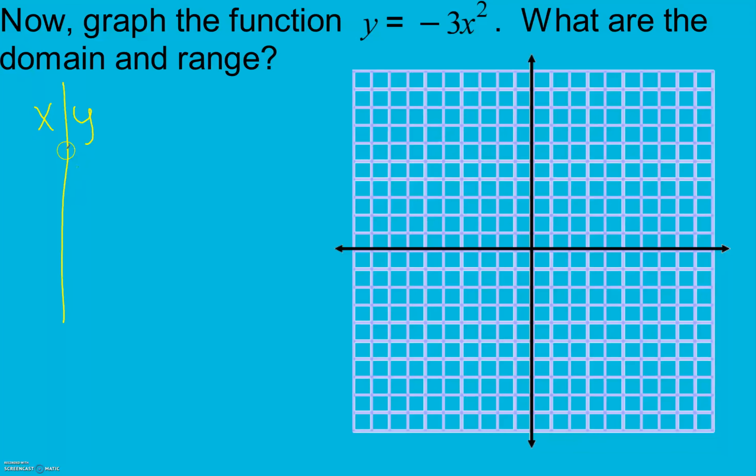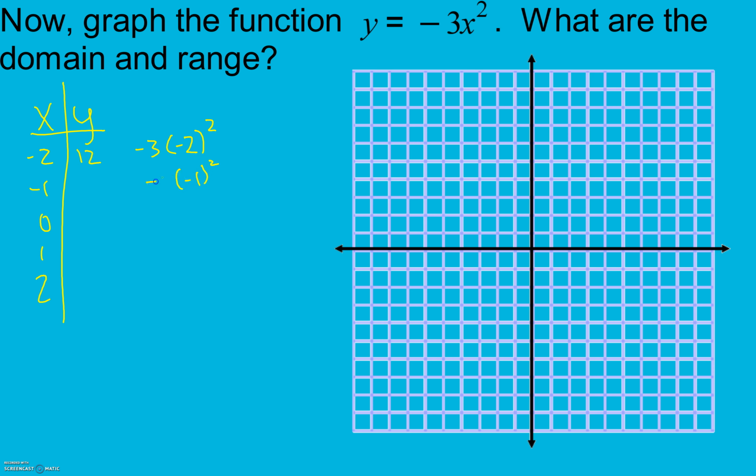We need to graph this, and in order to do it, we're going to use a table of values. I substitute them in. And again, we're going to make sure that we plug those into parentheses. Anything squared gives us a positive value. So negative 2 squared is positive 4, negative 2 times negative 2.